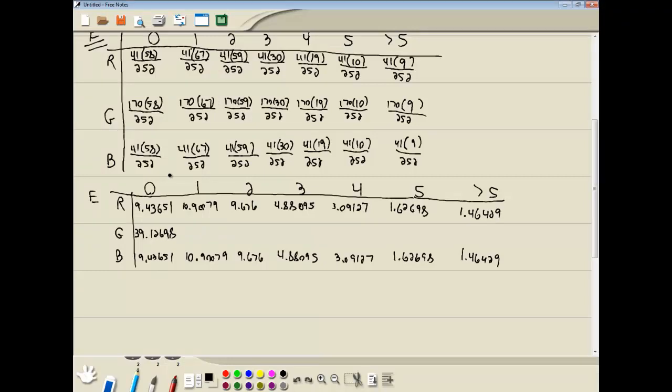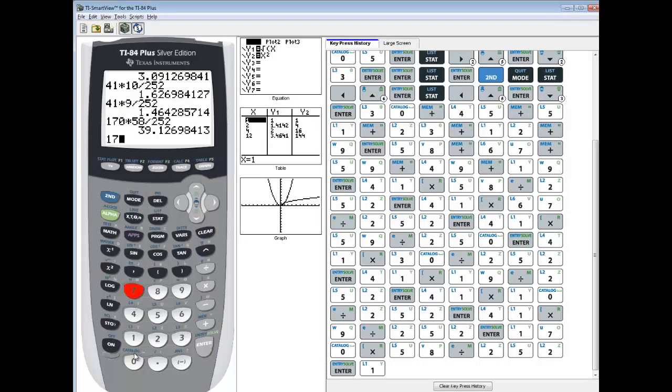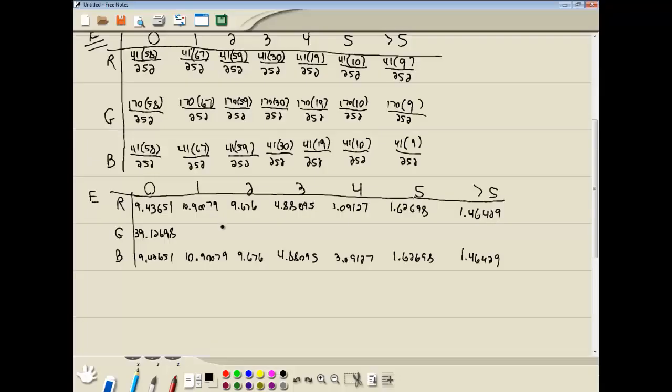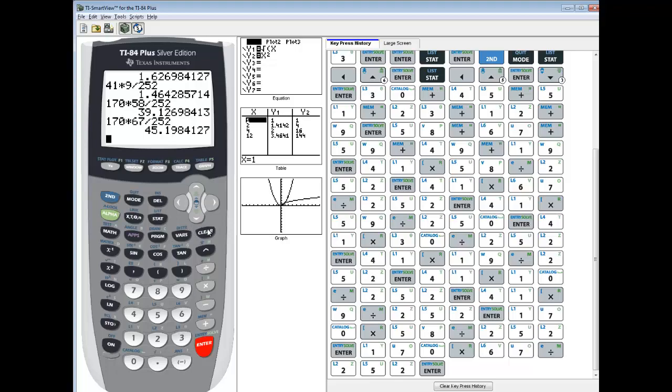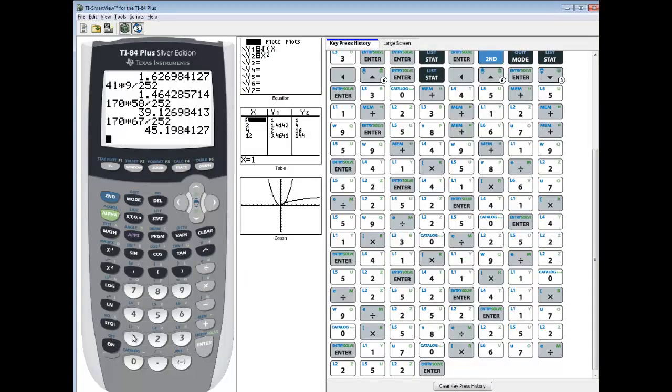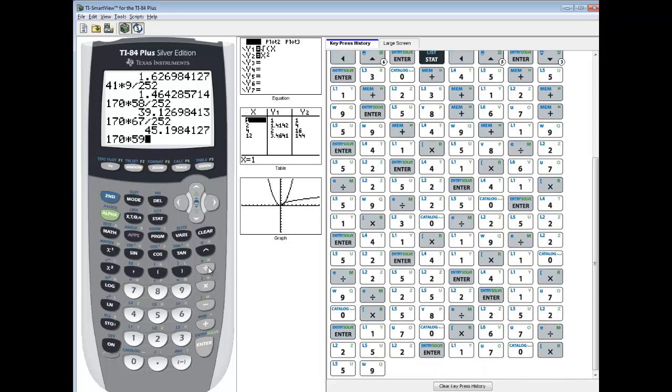Next one is 170 times 67 divided by 252. And we get 45.19841. Next one is 170 times 59 divided by 252.